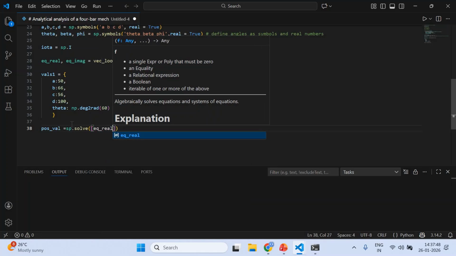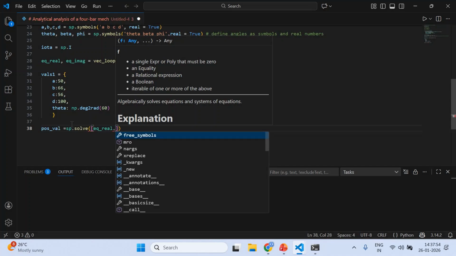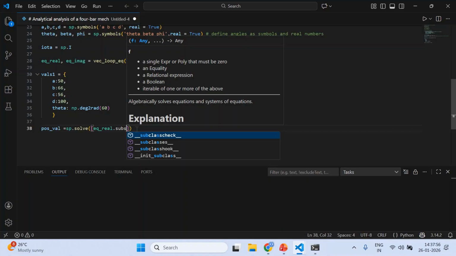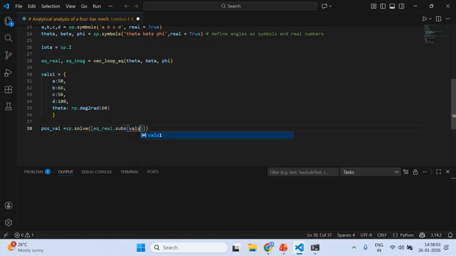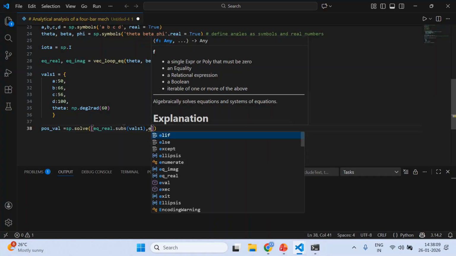Let me write down equation_real, then for substitution I am going to use the syntax .subs, then in the bracket we have values1.